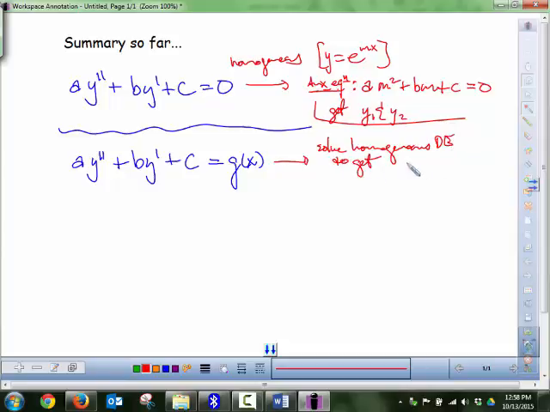And then we're going to get our y1 and y2 as fundamental solutions. And then depending on what type of function this is, if it's an easy function, we can use undetermined coefficients. If it's a more difficult function, then we're going to use variation of parameters.